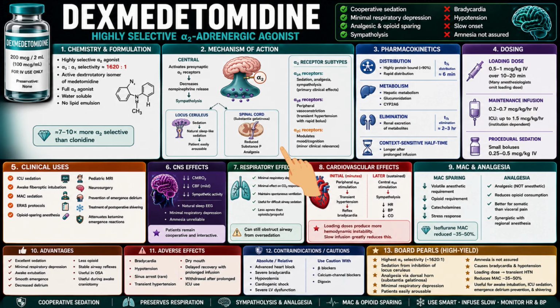Mechanism of action. Dexmedetomidine works by activating presynaptic α₂ receptors, which inhibit the release of norepinephrine. The result? Sympatholysis, a reduction in sympathetic nervous system activity. Let's trace the anatomy of this effect. The locus coeruleus, located in the pons, has one of the highest densities of α₂ receptors in the entire brain.